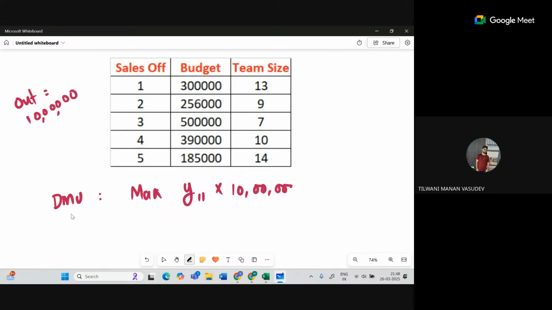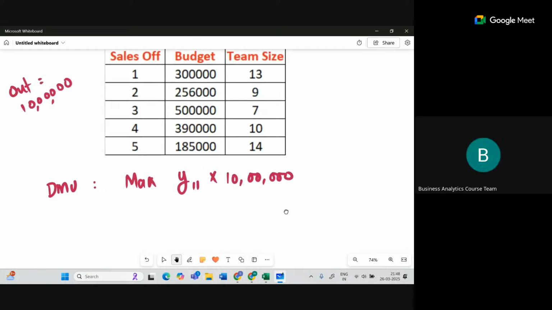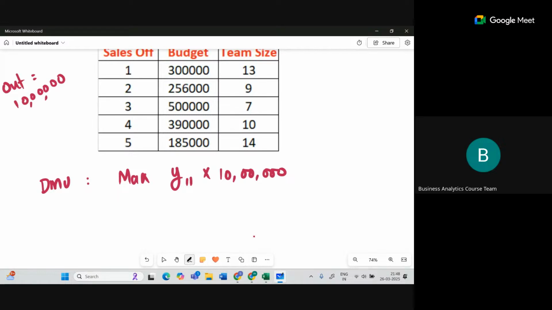Now comes your binding constraint, where you set the denominator equal to 1. How will you do that? X11 into 3 lakhs plus X21 into 13 is equal to 1. This is how you set the denominator equal to 1.